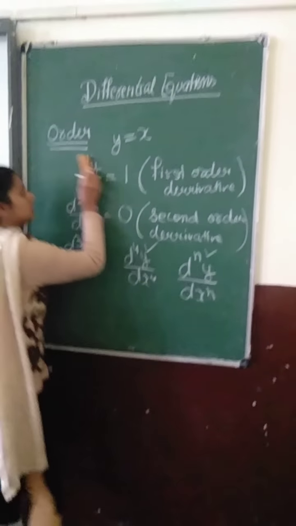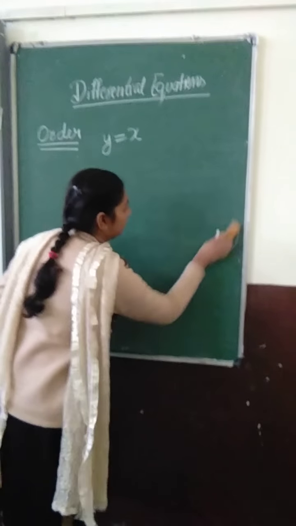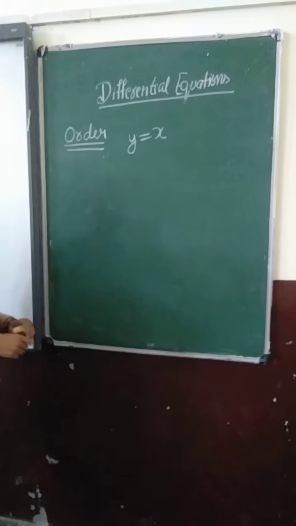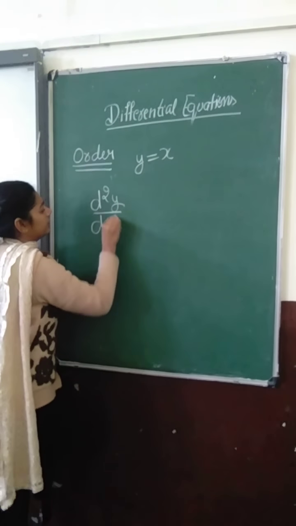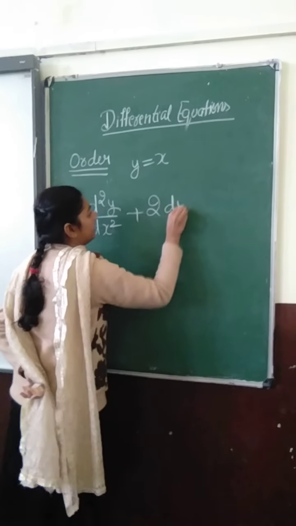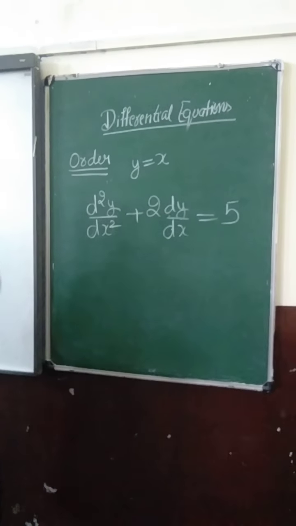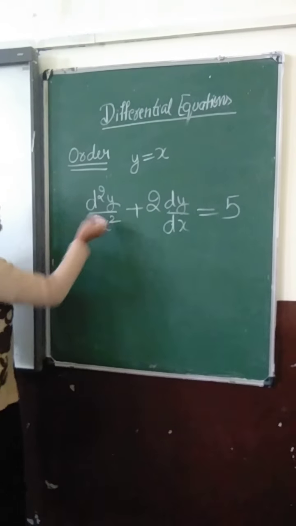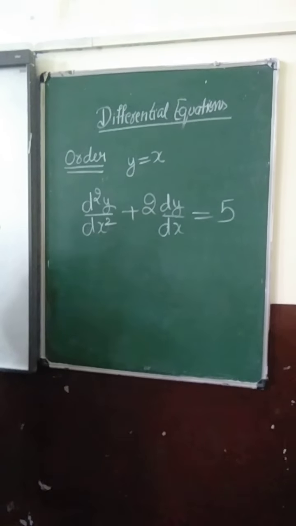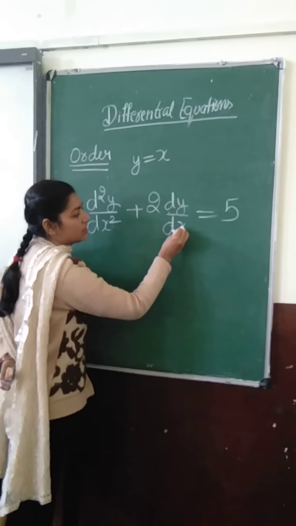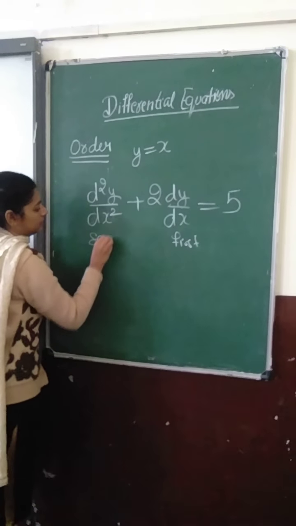Okay, now my question is, if some differential equation is written in the form like d square y over dx square plus 2 dy by dx equals to 5, then what you will say about what will be the order of this differential equation? See, we are confused here. This is first order and this is second order.